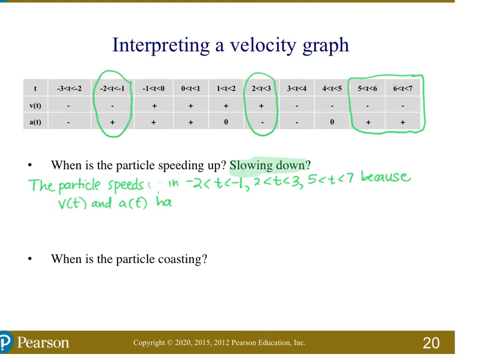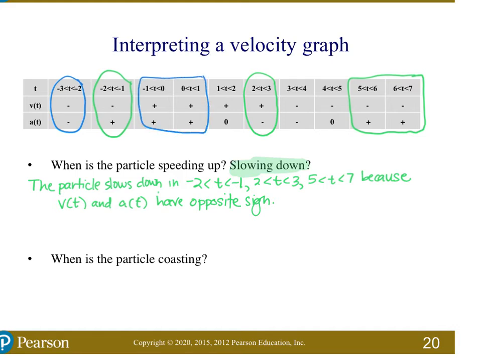So let's answer the slowing down question first. The particle slows down. They have opposite signs. Okay, better. Now, when is the particle speeding up? Speeding up, we want matching signs. Here we go, matching. This whole section is matching, and one more matching here.